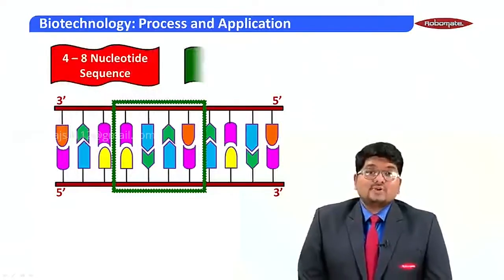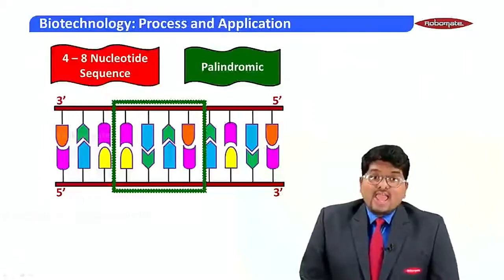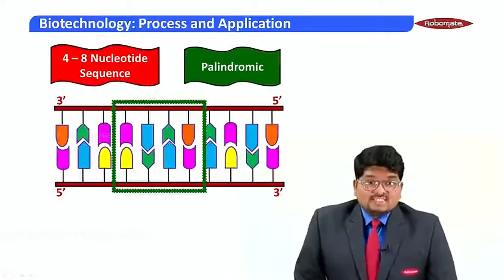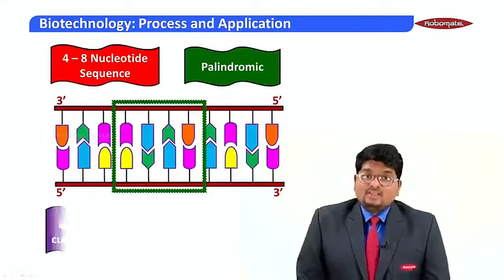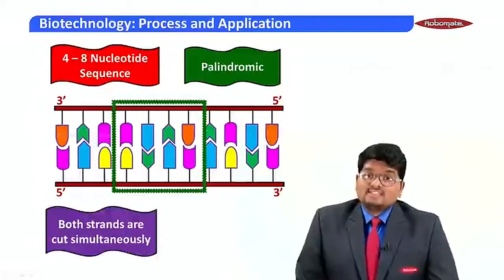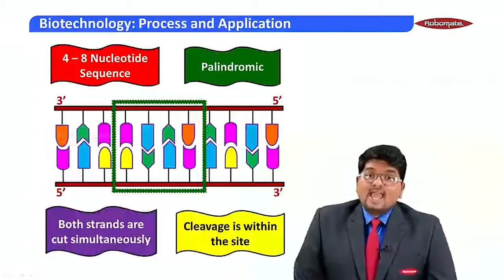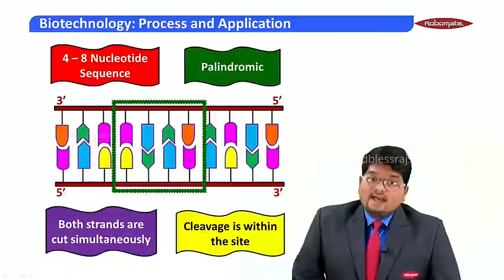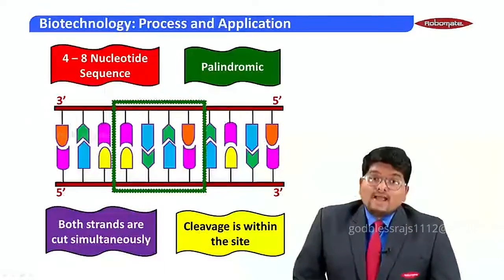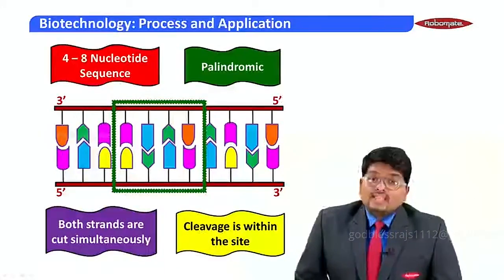It is also palindromic in nature, and when a restriction enzyme cuts the DNA, it will cut both the DNA strands simultaneously, by cleaving the DNA within this site.